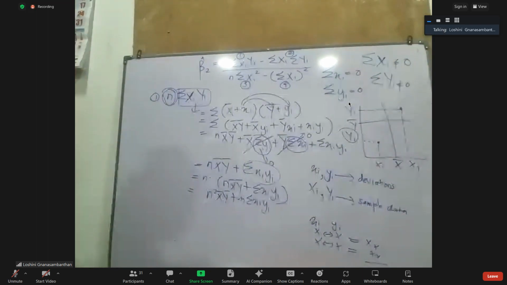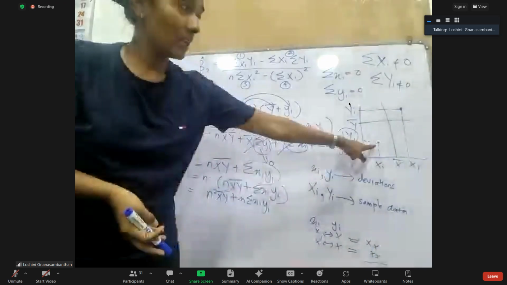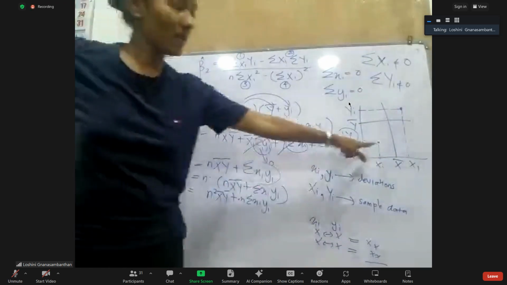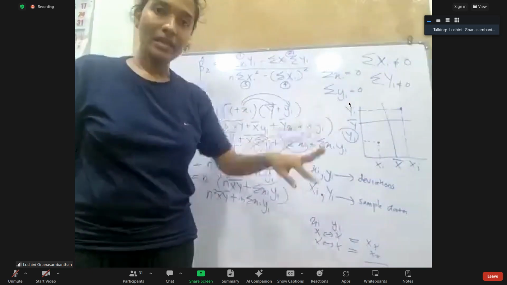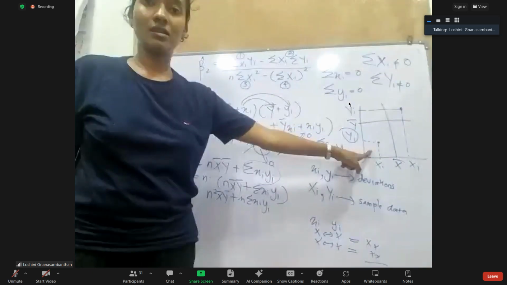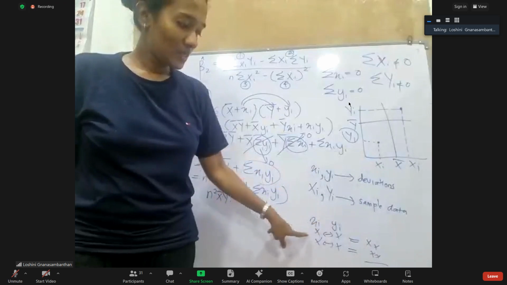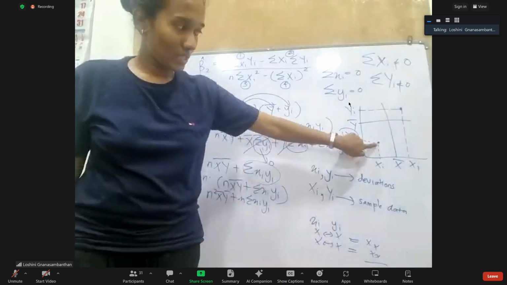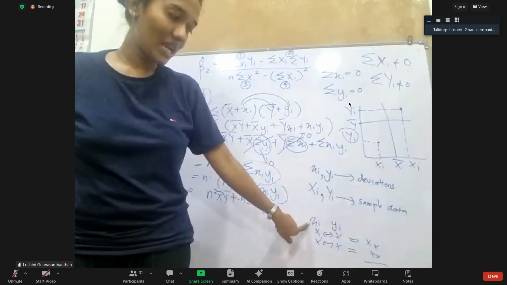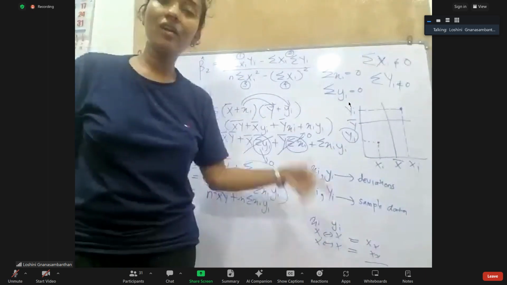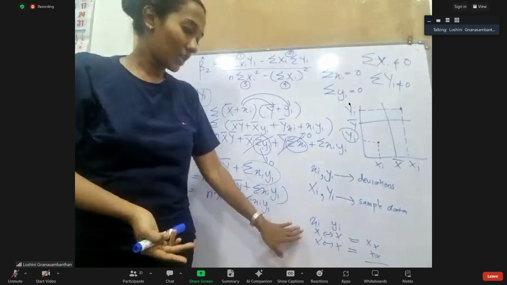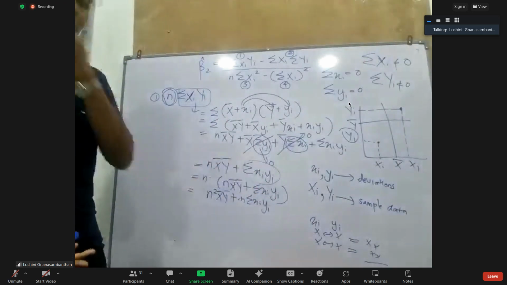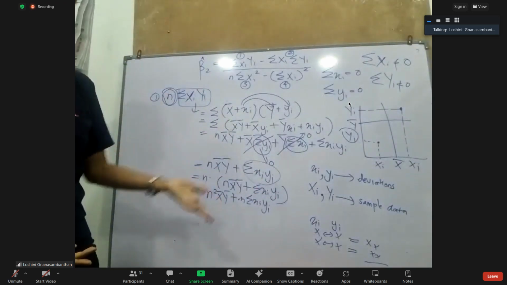Because now if you just imagine a point here, then simple yi is also minus, simple xi is also minus. So for this point, the simple xi will be minus and simple yi will be minus. So minus into minus becomes plus. So actually, in this you will not get minus values when you are multiplying.